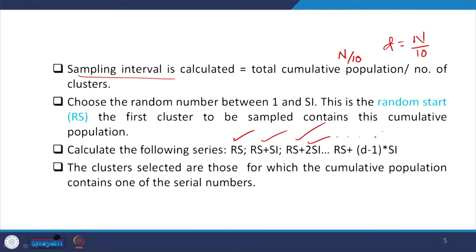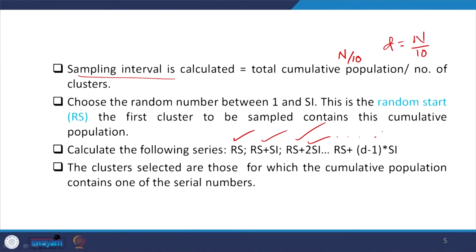So basically what we followed in this method, first of all, we followed a systematic addition of the population, the cumulative population, and we divided it into different clusters. Why did we divide into clusters? We wanted to make it random, as if each cluster has an equal chance of selection. So now randomness is attached, cluster approach is attached, and we also followed a systematic approach, a systematic sampling design. So this method includes three important aspects.